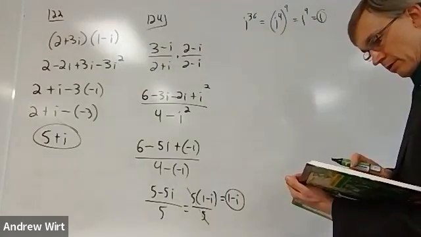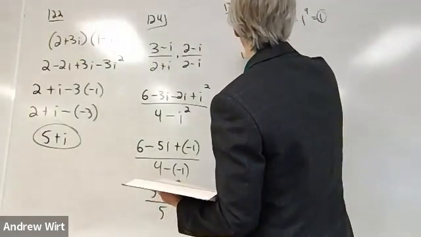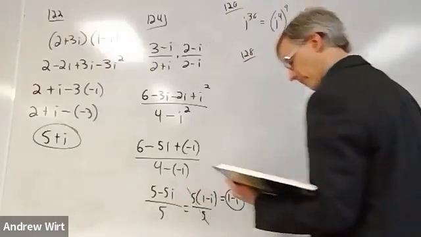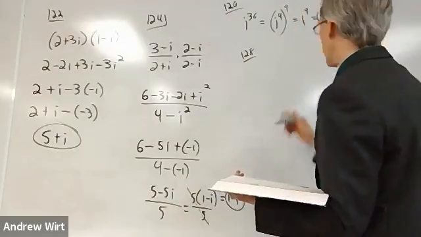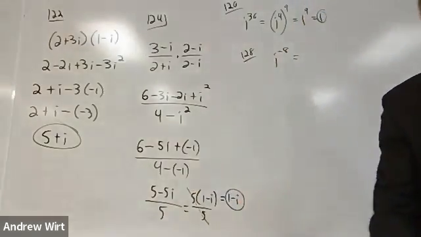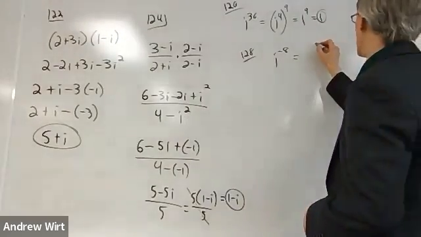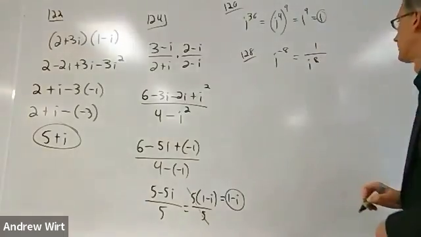Next, 128. It's i to the negative 8 power. All right, negative exponent, that means it goes in the denominator. So that's 1 over i to the 8.